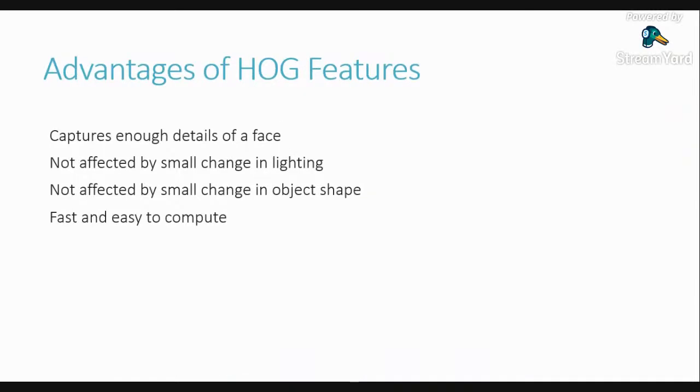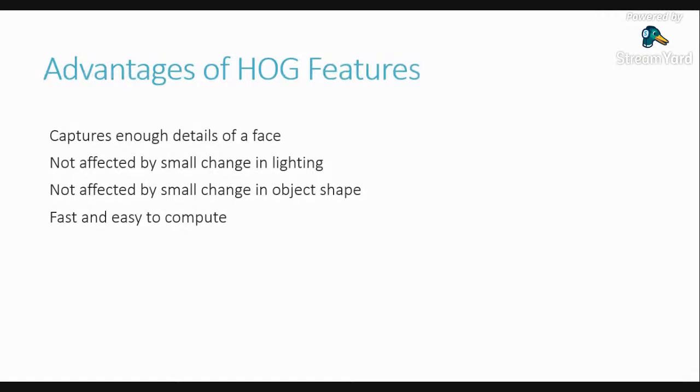The advantages of HOG features are that they capture enough detail of the face, as we have seen in one of the previous slides. They are not affected by small changes in lighting or small changes in object shape, so they are very robust features, and they are fast and easy to compute even on a resource-constrained device.